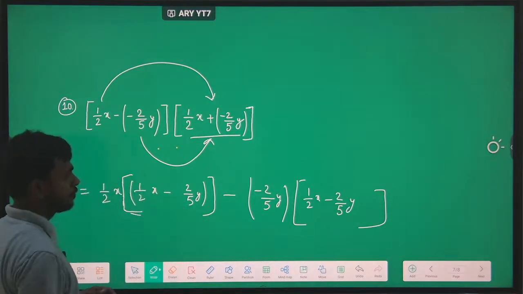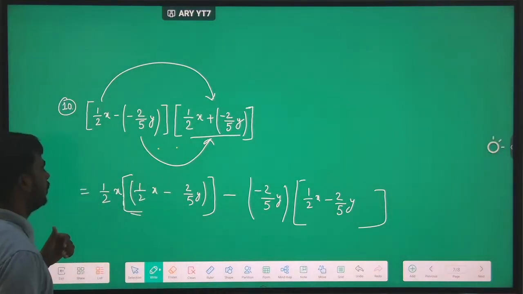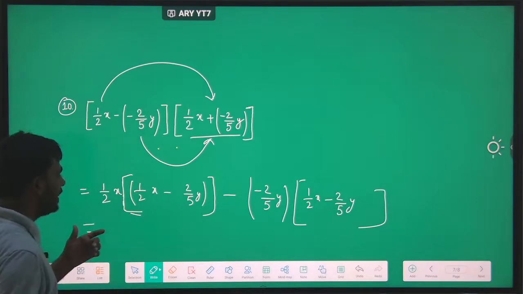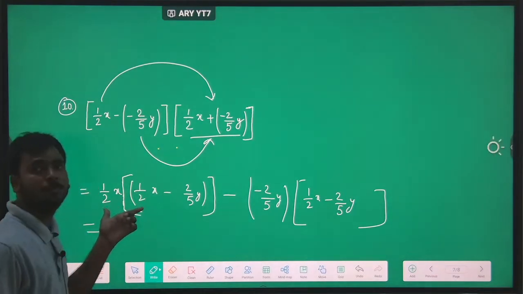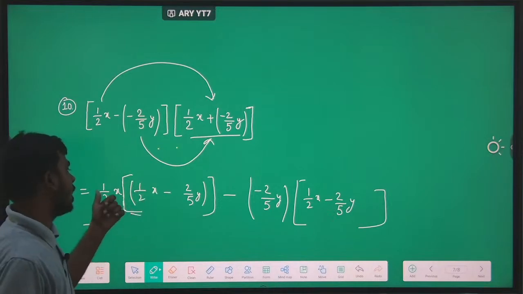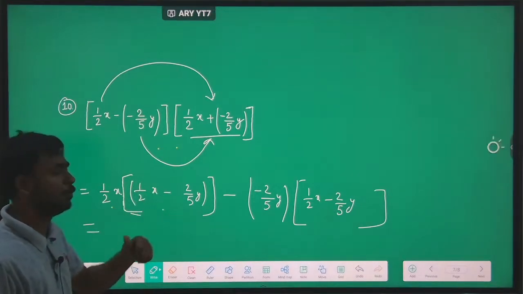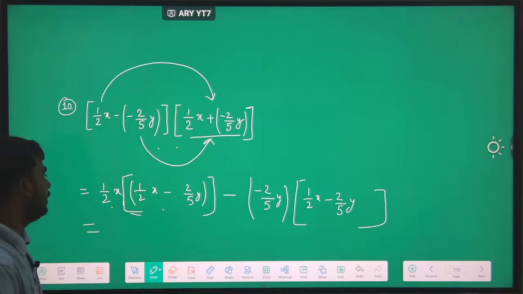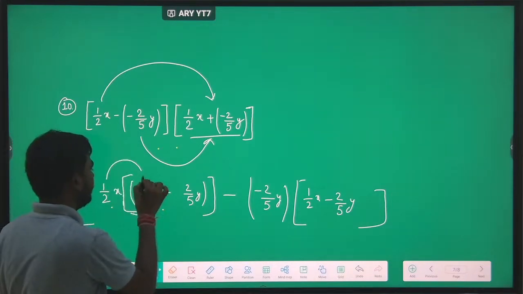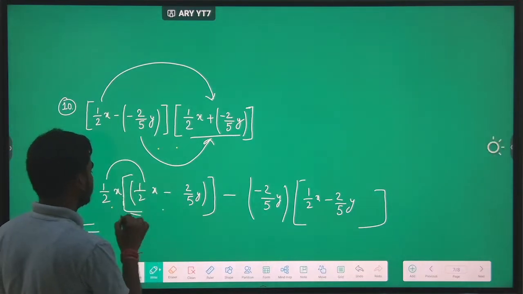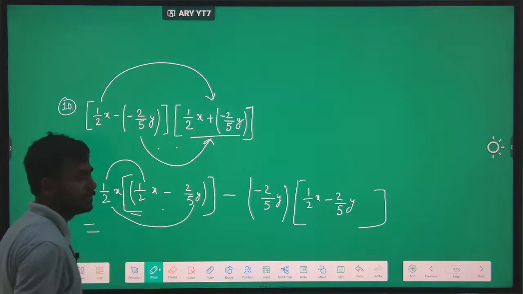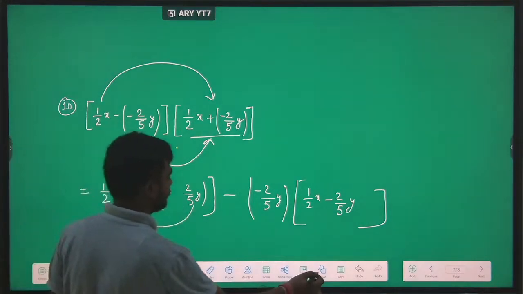Okay. So what have we done? We have made it into A into B minus C format, that is a monomial multiplied with a binomial expression format. So what will we do? We will multiply this A with B, and with this sign we will multiply A with C. So what will we get?